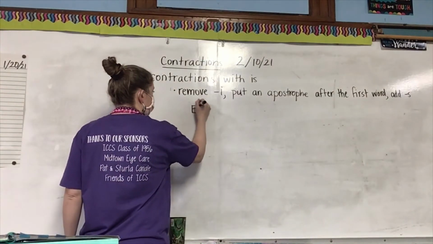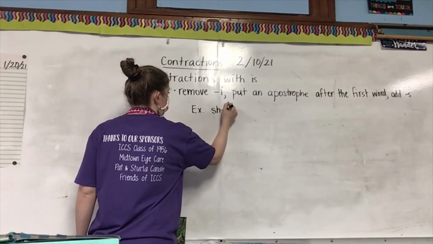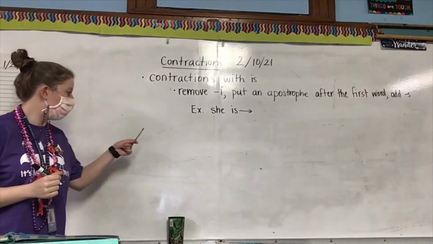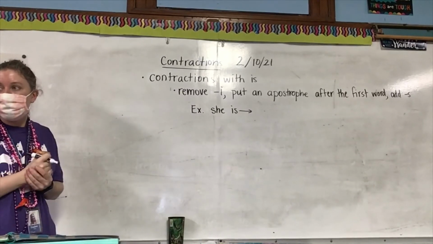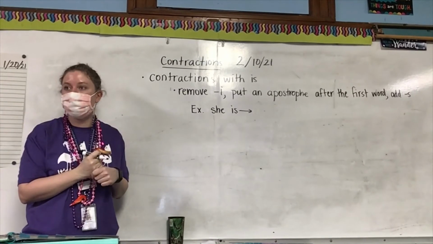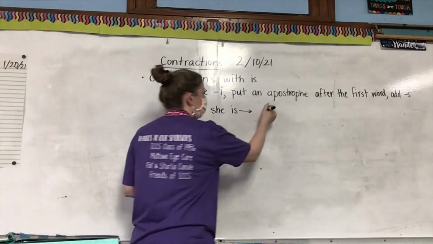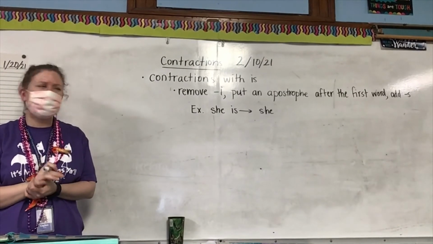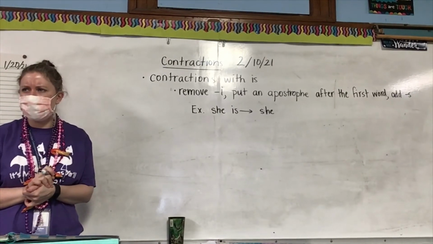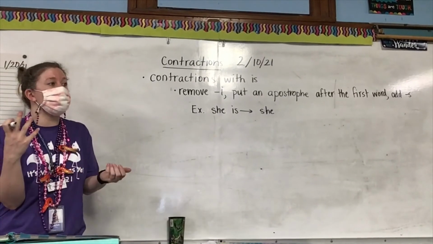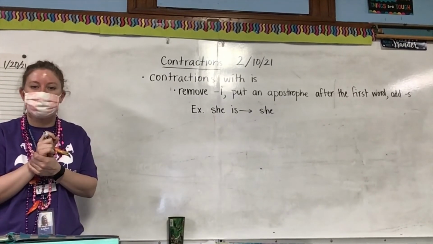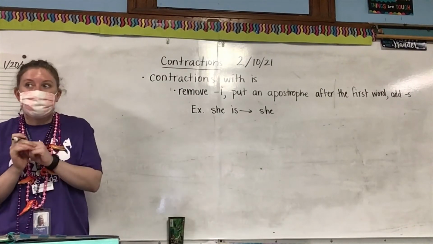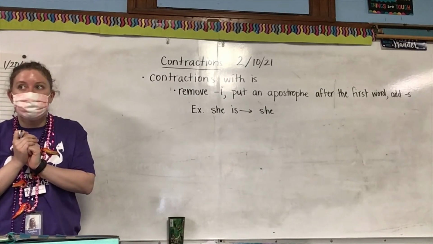So, for example, she is becomes what word, Ethan? She's. How do we spell that? S-H-E. So far, have we seen a time where we take off letters from the first word? No, we haven't. So when we make contractions, do we take off letters from the first word? No. How many words are there total in a contraction? 2.